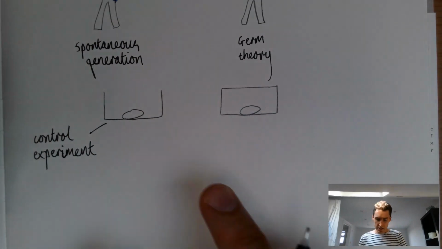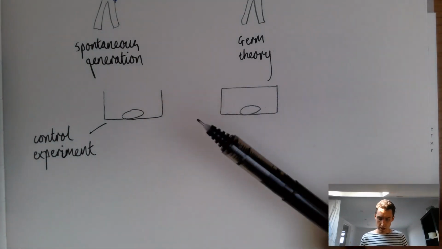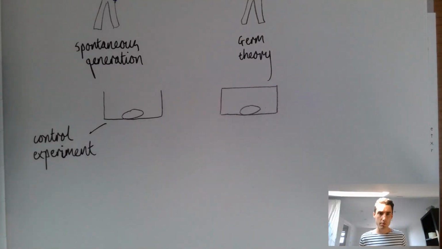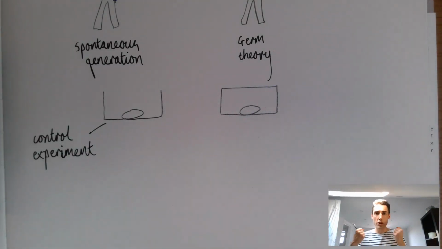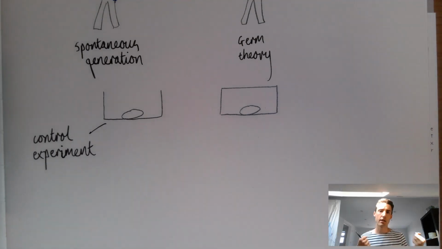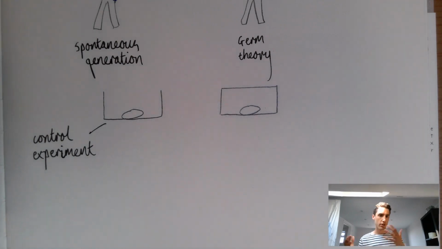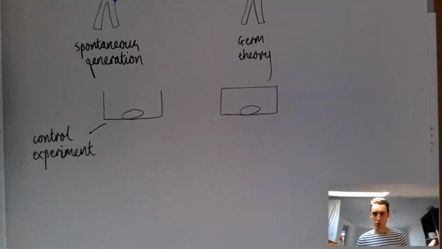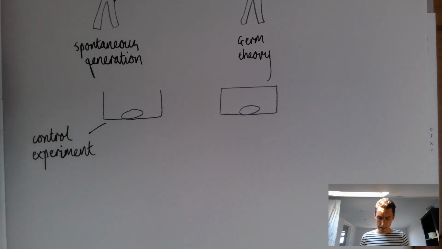But he has to do the control experiment just to show that with a similar piece of meat, something different would have happened when he didn't put the lid on. So he wanted to show that it was putting the lid on that had the impact on what happened to the piece of meat. And again, as you will know, that ties into control variables and all that stuff, and this is a really nice way of introducing that sort of idea.